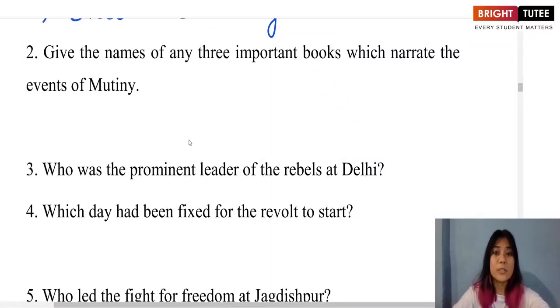The next question, give the names of any 3 important books which narrate the events of mutiny. There are many books, alright, so let's just name 3 of them.